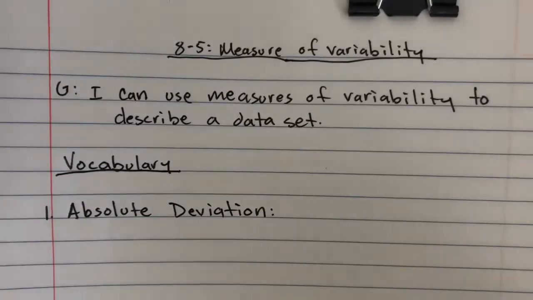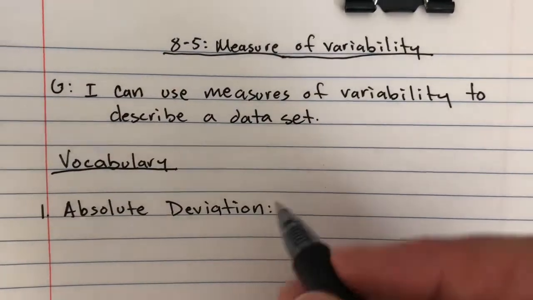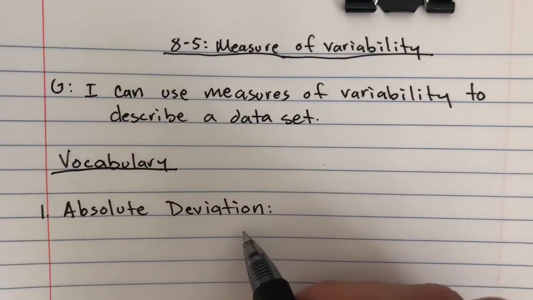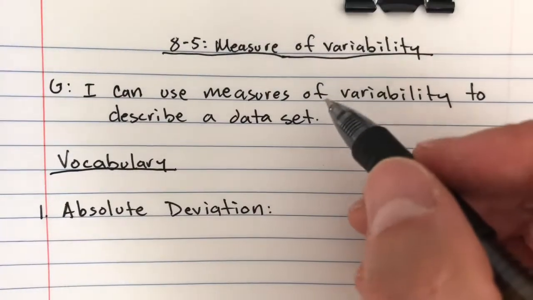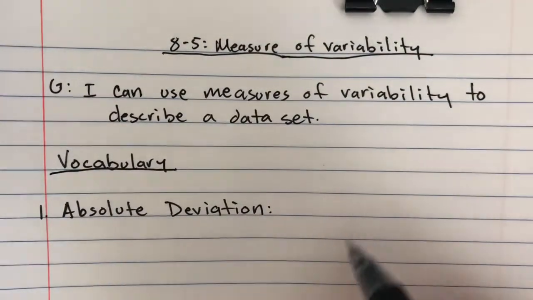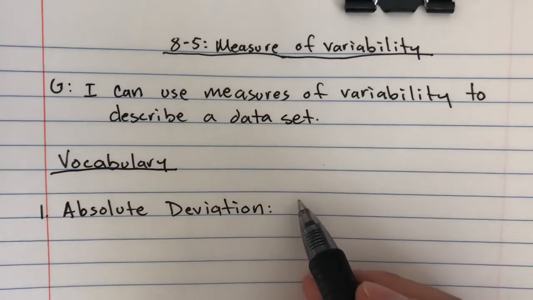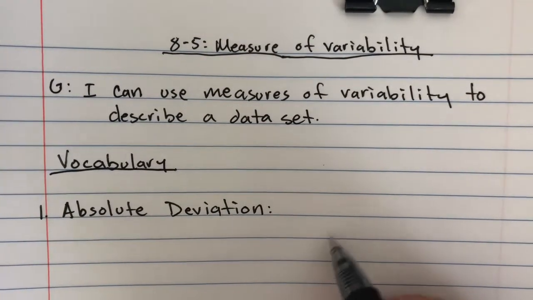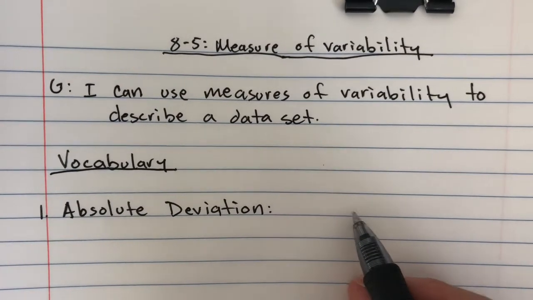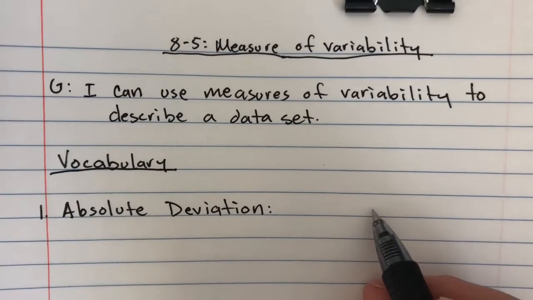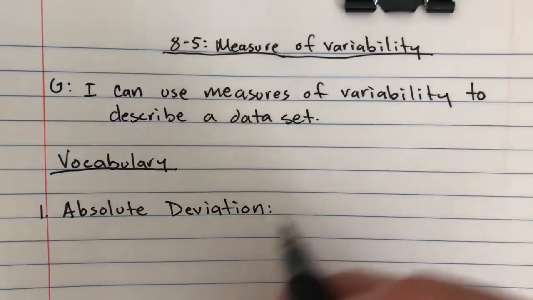And remember the analogy that I had, the explanation of to deviate from the path. If you've got that path that you're walking on, that's the trail, and then you go off the trail, you've deviated from the trail. You're no longer on the trail, and you can measure how far away you deviated from the trail. So here's the trail. How many feet away were you from the trail? It's the same thing here.